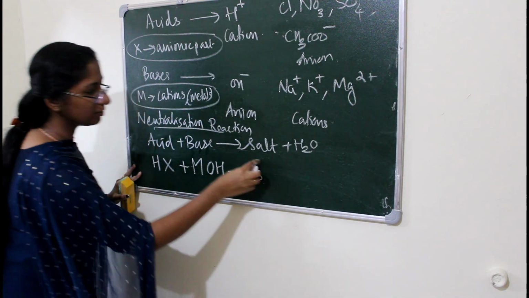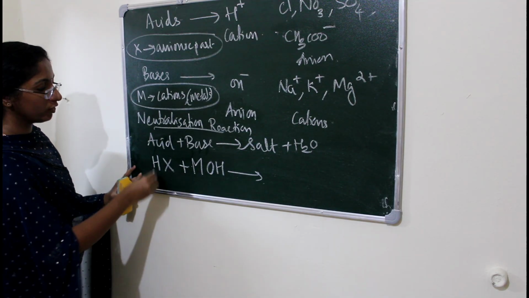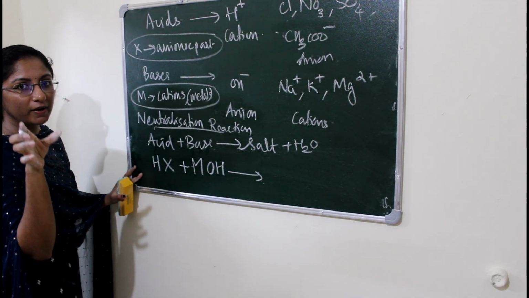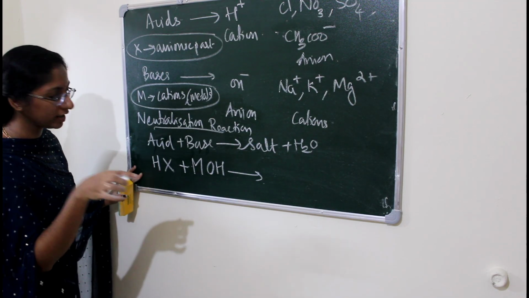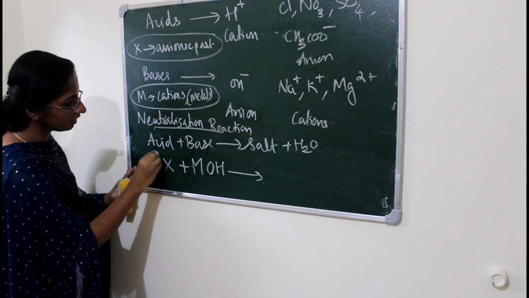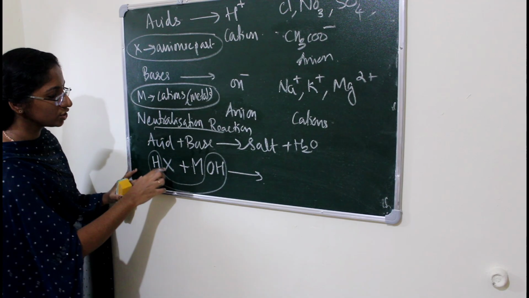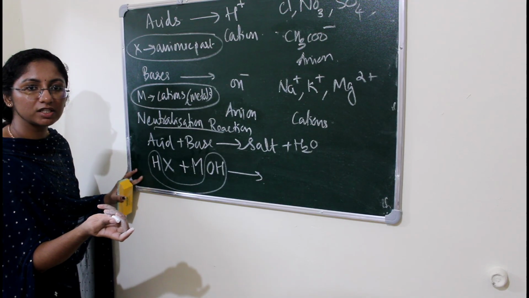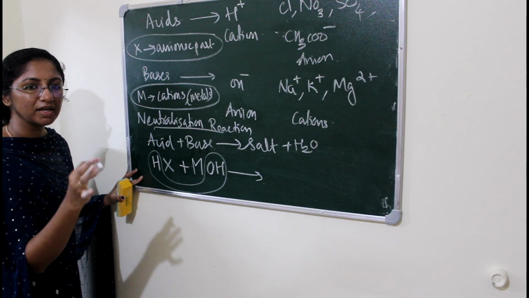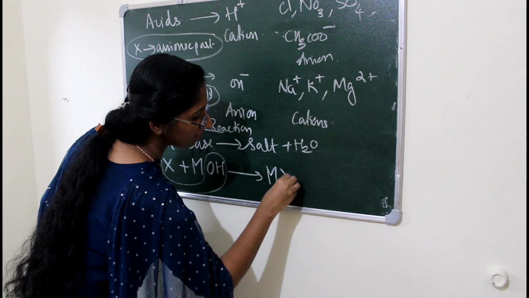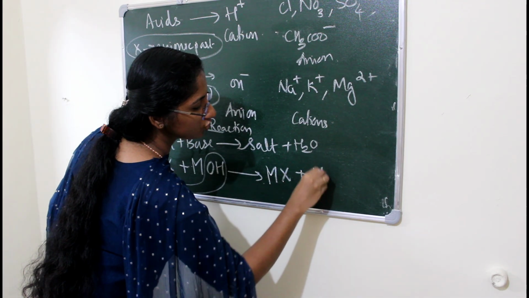Okay, then what can be the salt formed? We want to get water as the byproduct along with the formation of salt, right? So water can be formed by combining this H plus and OH minus ions, right? So what will be the salt formed within this neutralization reaction? MX, right? So MX can be the salt formed, and H2O.